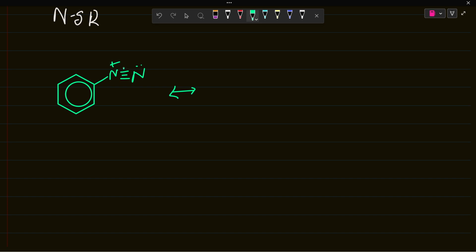This bond pair converts into a lone pair of this nitrogen. We get a positive charge on the other nitrogen. Fine. This is the resonating structure, with the positive charge on this one. Also, there's a lone pair and there's a lone pair as well. Fine. So these are the two resonating structures.